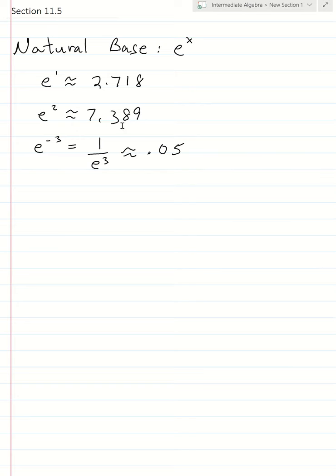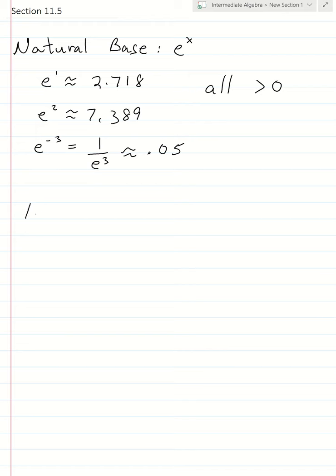Now, what do we know about all these numbers here? One thing for certain is that whether it be e to the first, e squared, or e to the negative third power, all of these decimal approximations are greater than 0. These are all positive numbers. And since they are positive numbers, we can use them with logarithms.